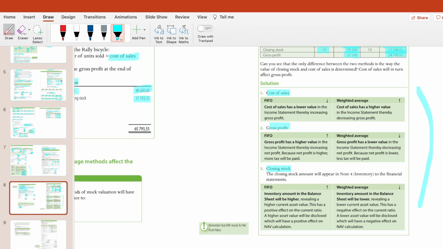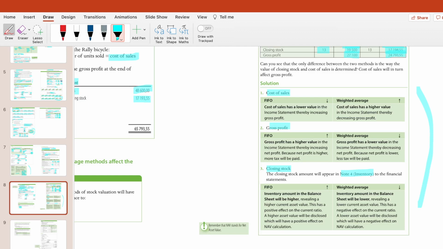And the closing stock will appear in note 4, your inventory, in your financial statements. With first in, first out, the inventory amount in the balance sheet will be higher. That will reveal a higher current asset value. This has a positive effect on our current ratio, and a higher asset value will be disclosed, which will also have a positive effect on our NAV calculation.